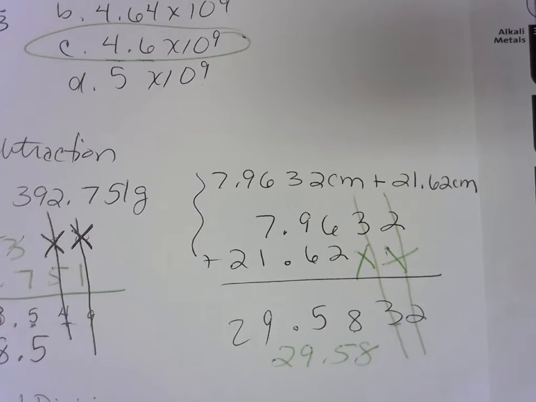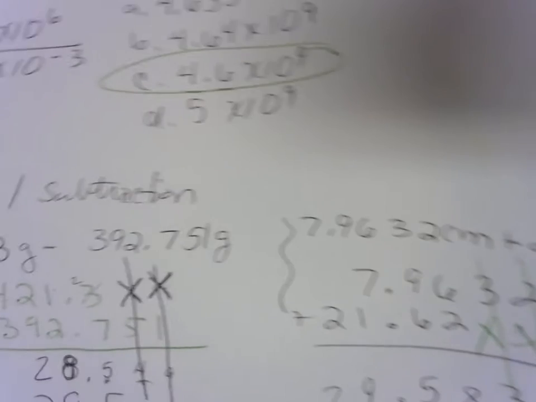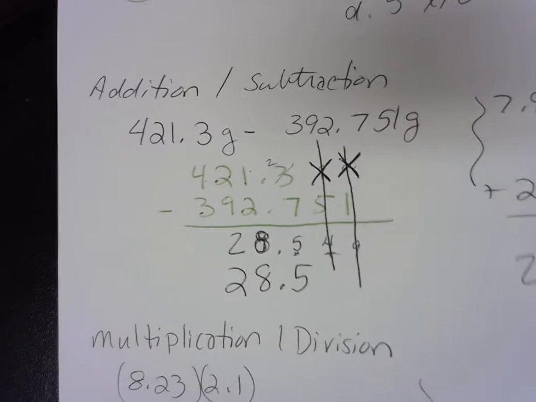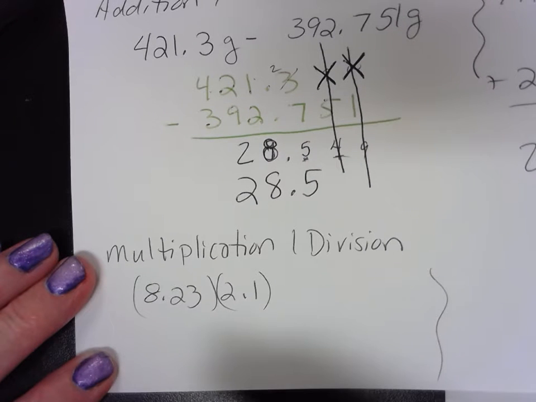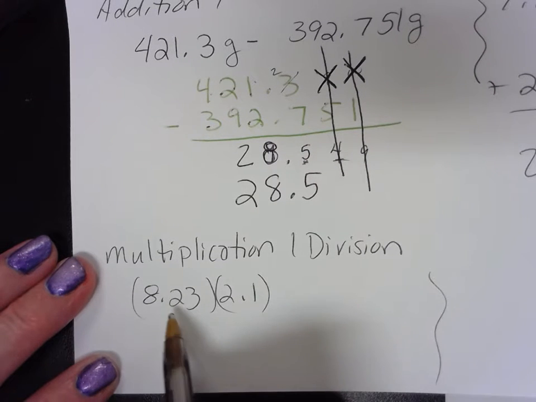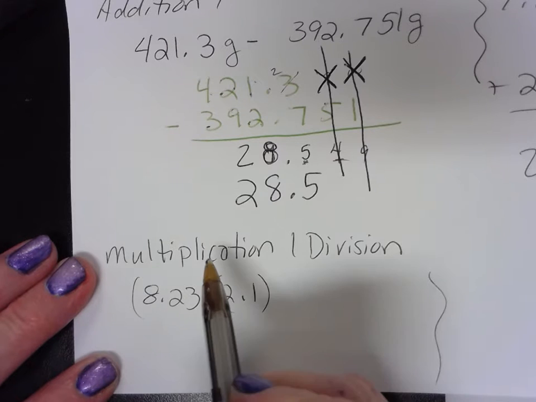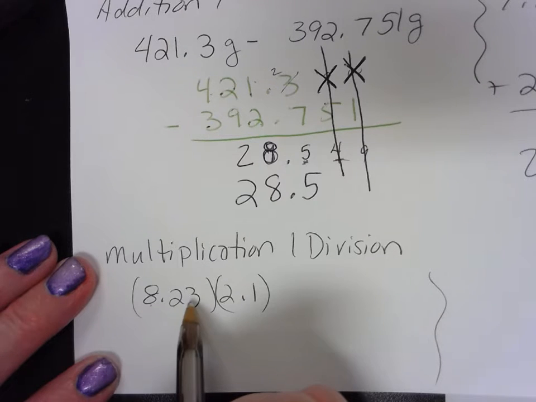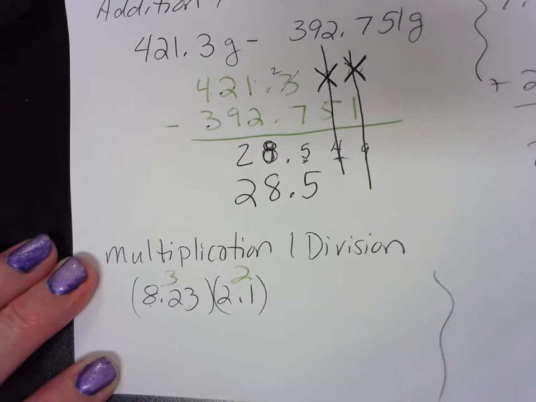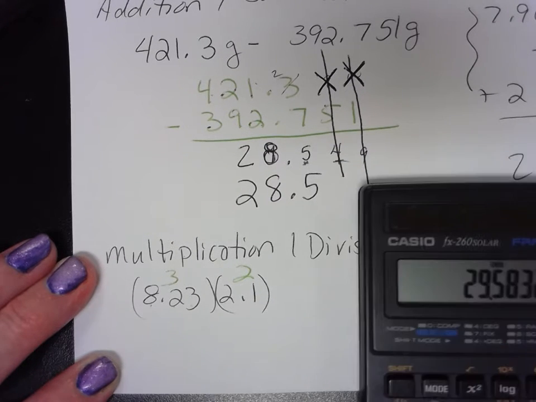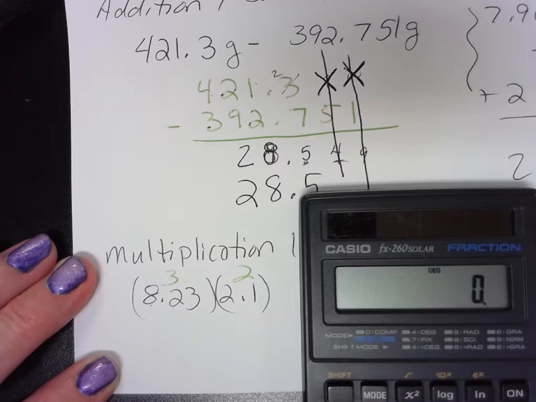All right, now we're going to do a multiplication and division problem. First step, determine how many significant figures each number has. This one has 1, 2, 3 significant figures, and this one has 2. So my answer is only going to be a 2-digit answer.